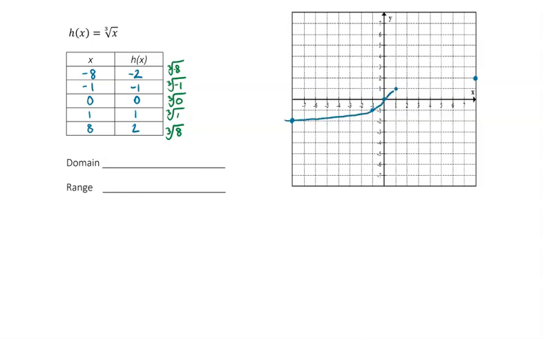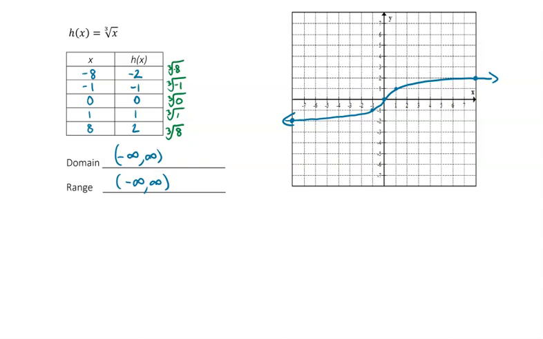It's going to go up and then over like that. And again, just like the cubic function, this one goes left and right forever, down and up forever. So this one's going to be -infinity to infinity on both the domain and range.